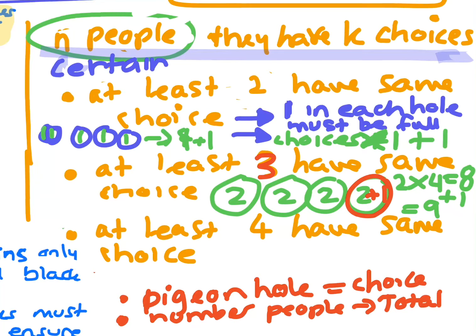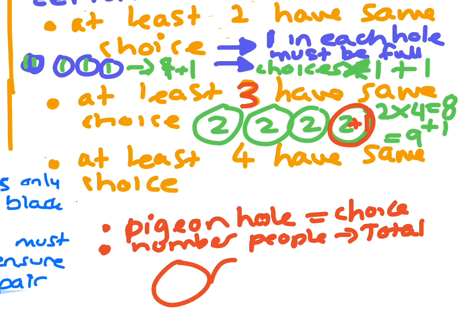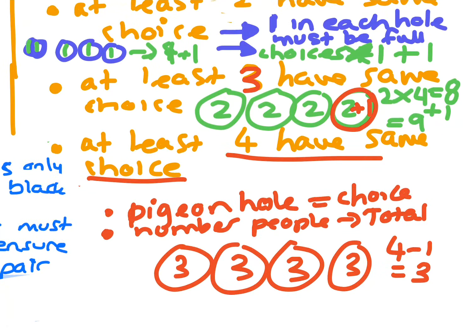So if I was doing at least 4 of the same choices, and I had the same scenario, I want at least 4 to have the same choice, I'd have to go 1 less than 4, which is 3. I would need to put 3 in each hole, okay? And then that would be 4 times 3, which is 12. Once I make my next choice, I have 13.